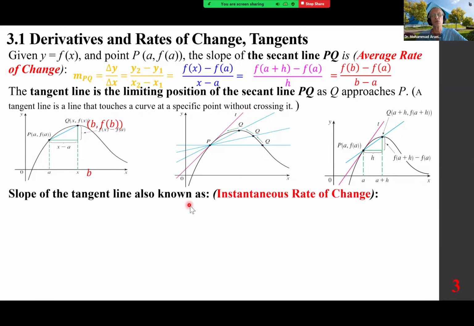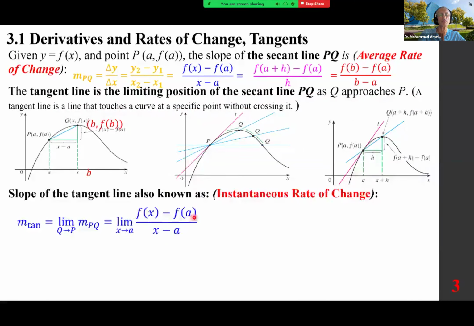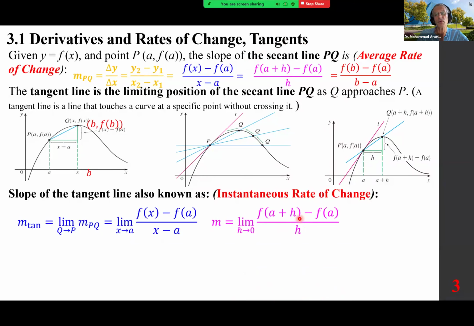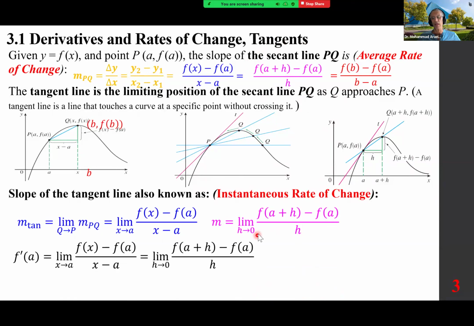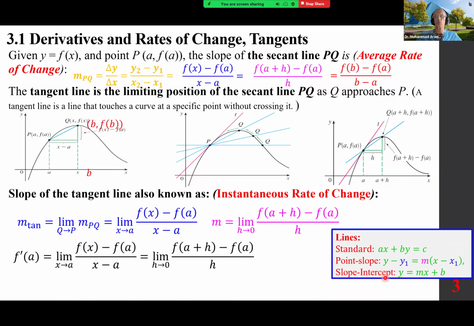The slope of a tangent line, also known as the instantaneous rate of change, we can find using the limit of f of x minus f of a over x minus a as x approaches a, or we can use this one. Normally this one we use, the DQ, difference quotient: the limit of f of a plus h minus f of a over h as h approaches 0. And here are various forms of lines: standard form, point slope, slope intercept form.